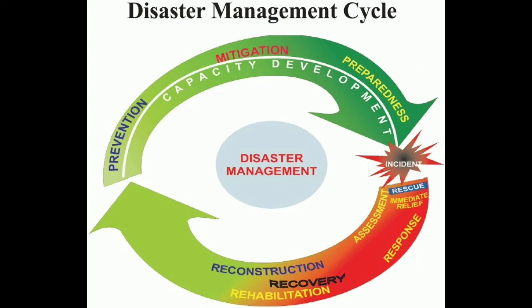Based upon the damage assessment, they will calculate the reconstruction, rehabilitation and recovery plan and strategies for the victims who have been affected during this disaster. This is the overview of the disaster management cycle, which helps us understand in depth how disaster management works as a response.